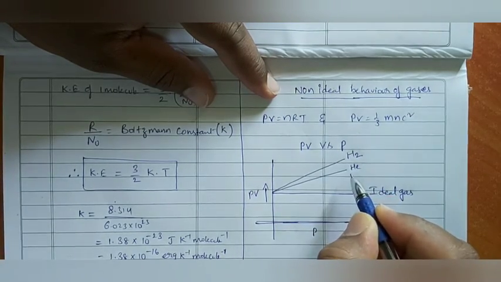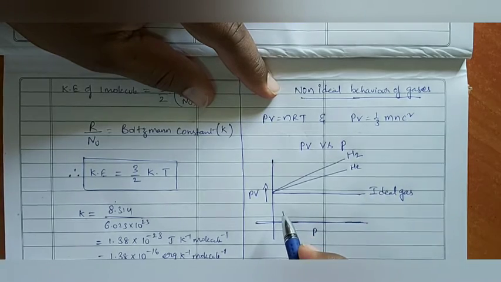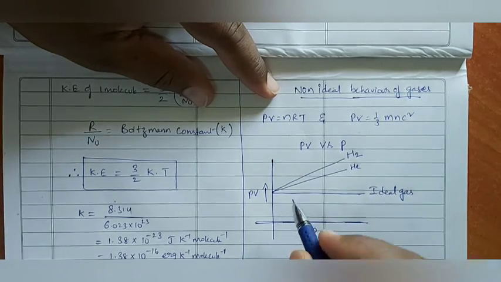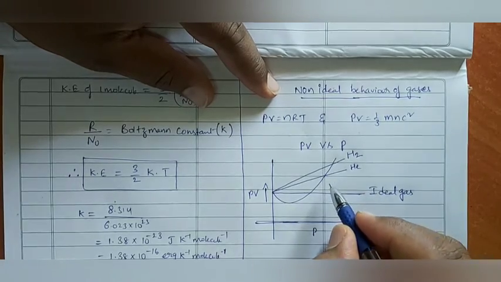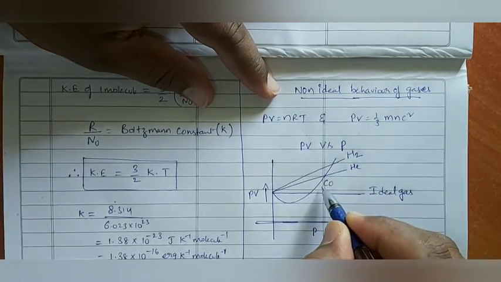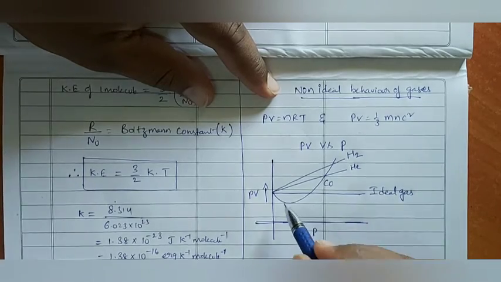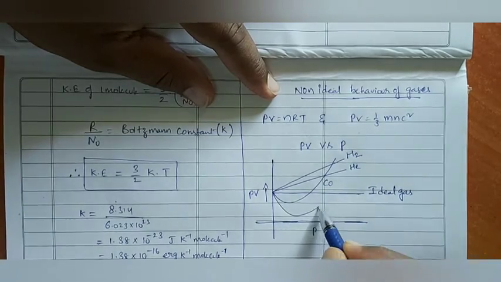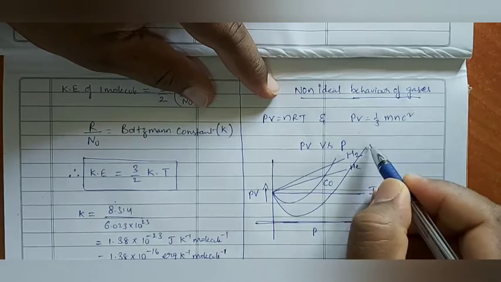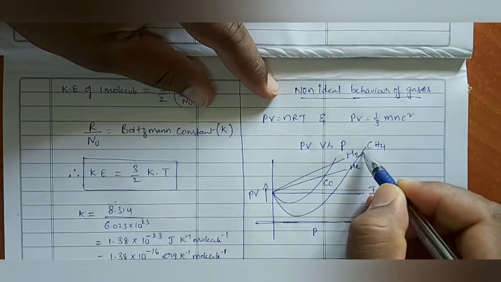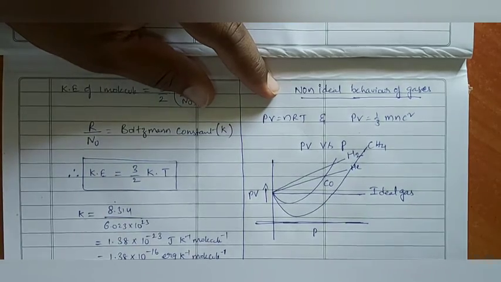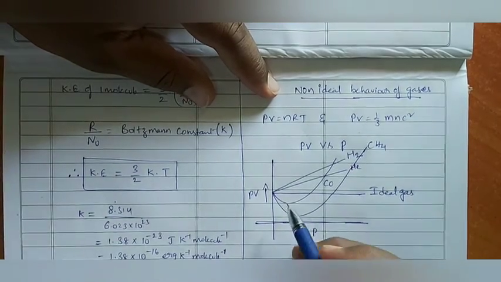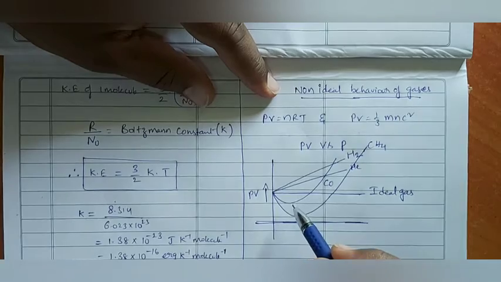This is the curve for helium gas. This is the curve for CO gas. This is the curve for CH4 gas. Like this, differently they are showing the curves.